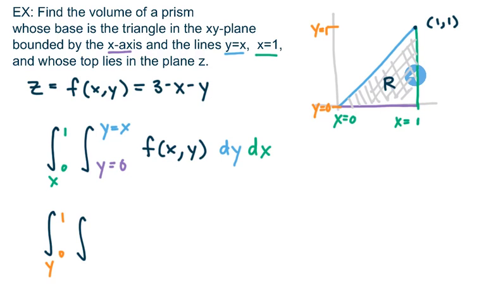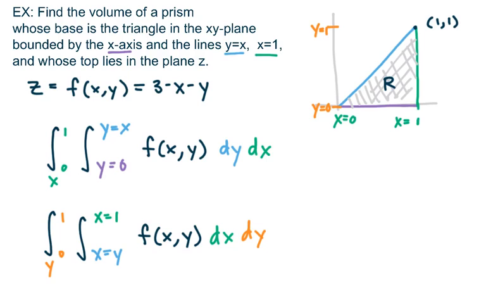So we would be going from 1 to y, left minus right, right? That's outer, inner, so upper, and then lower. So we'll have x equals 1, x equals y. That would be f of x, y, and in this situation, we would say dx dy.